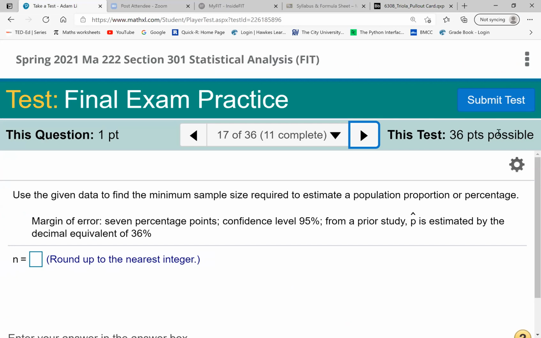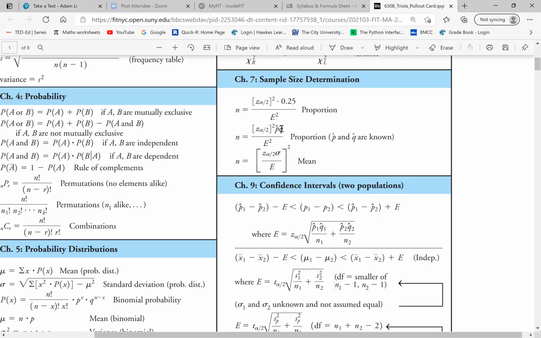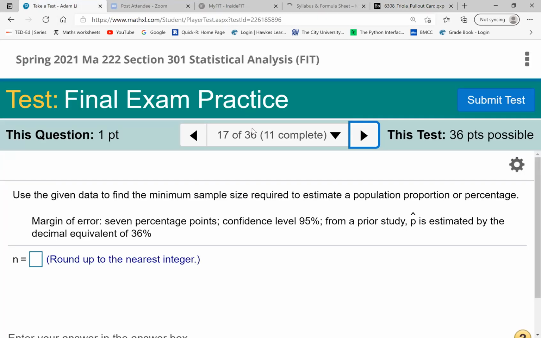Question 17. And very similar one, right? But here the p hat is given. P hat is 36%. Okay, so we're using this formula. P hat, q hat given. With this. All right, let's go back here, print screen.